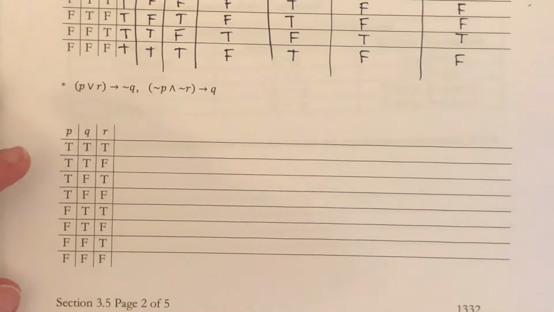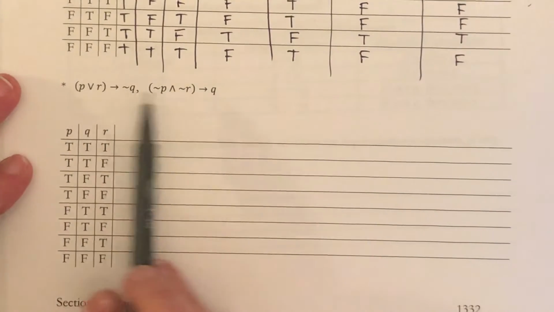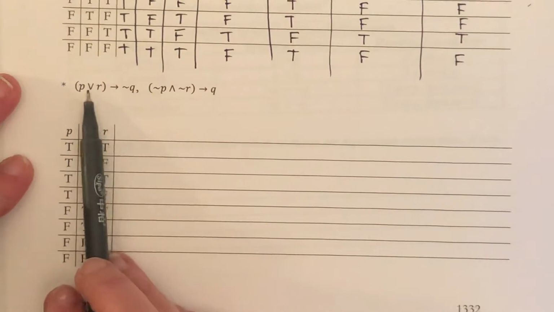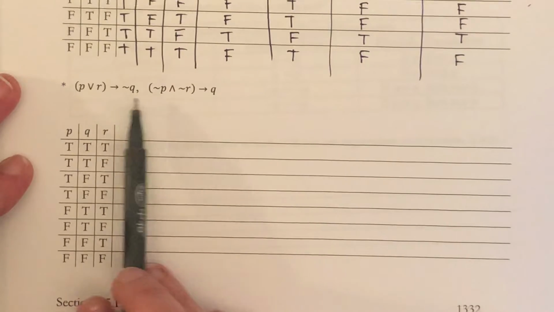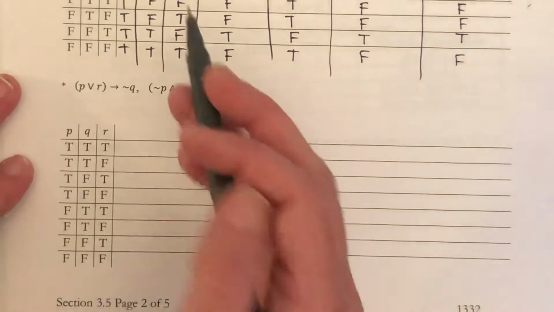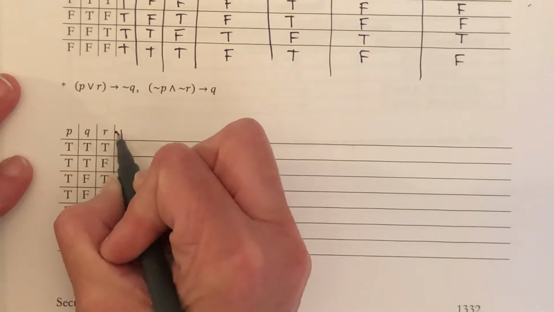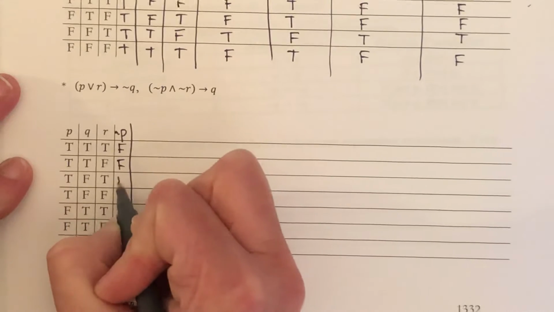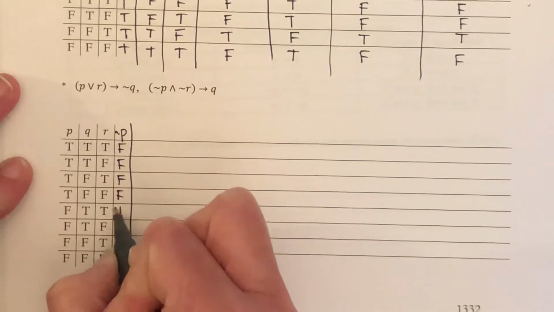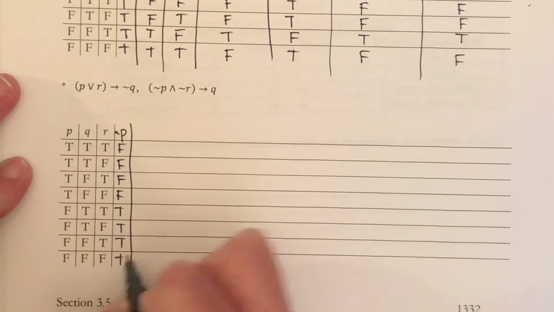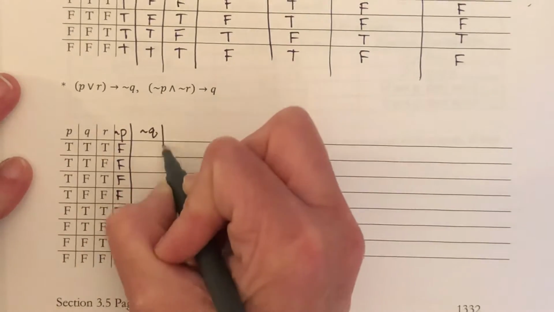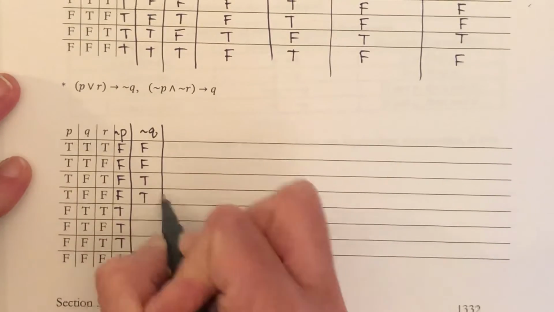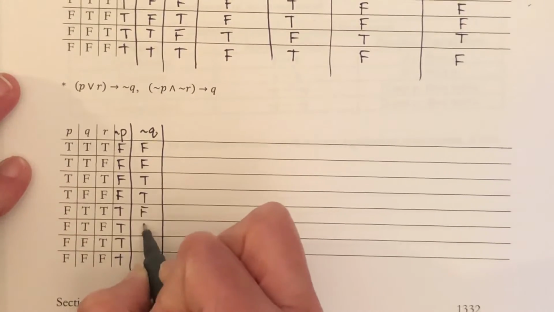Part 3, Section 3.5. I still want to decide whether these are equivalent or not. So I'm looking through here and I need to build up every piece I need. I have a not P, a not Q, and a not R, so let's take care of that. I really hope that this part is extremely easy for you by this point.